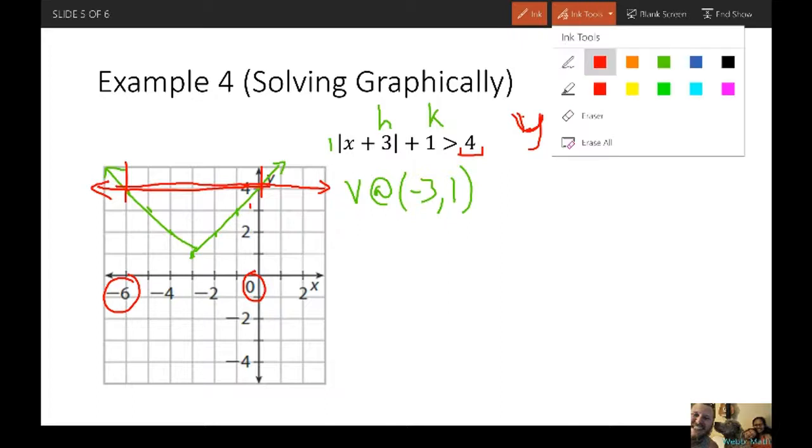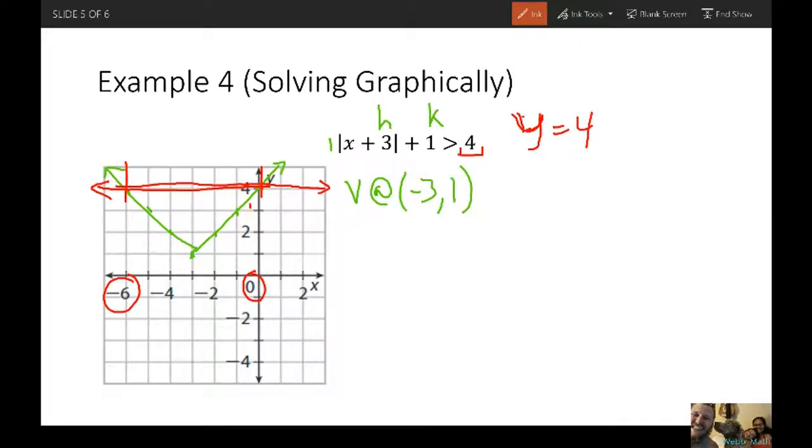So if we do this graphically, we have to get the box all by itself. So I'll subtract the positive 1 from both sides, and you'll end up getting here. You'll have to write your disjunction. So you have x plus 3 is less than negative 3.